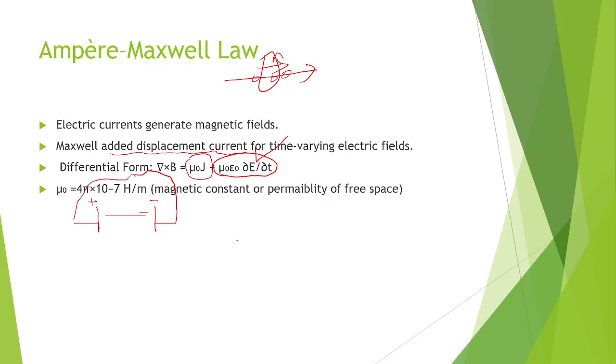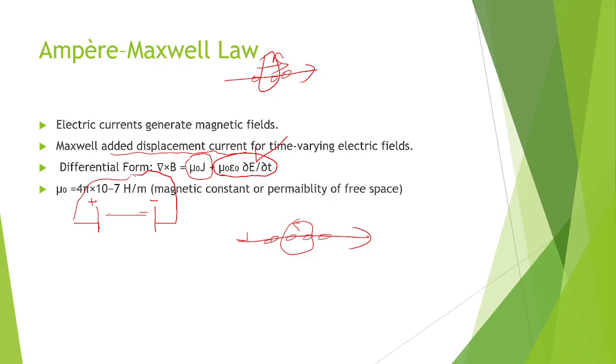So if you have a wire and current is passing through it, the magnetic field is swirling around it, and that is the curl of B. So when current is flowing, it creates the magnetic field around the region in which the current is flowing. And this is the displacement current. That concept comes from the capacitor.